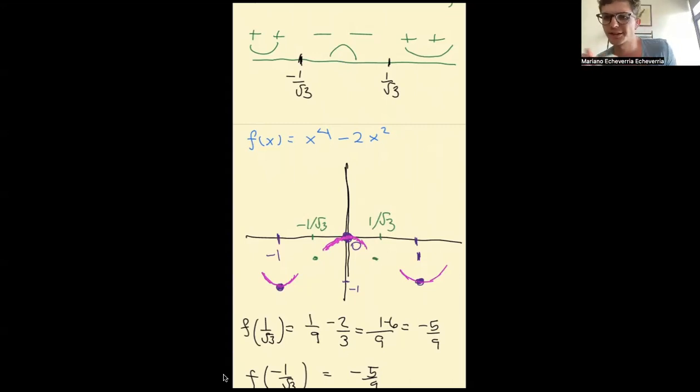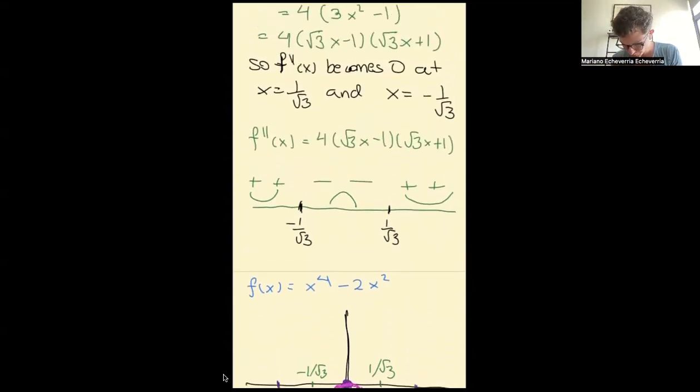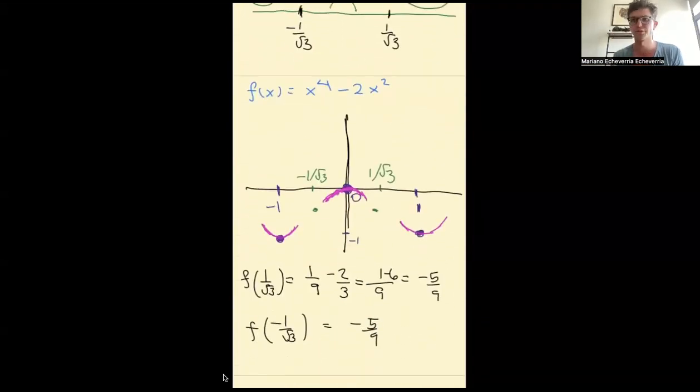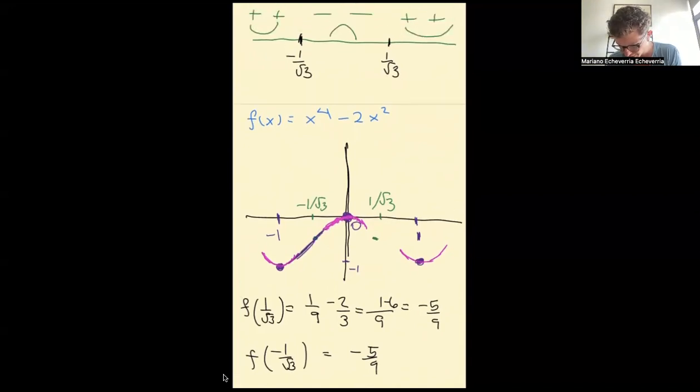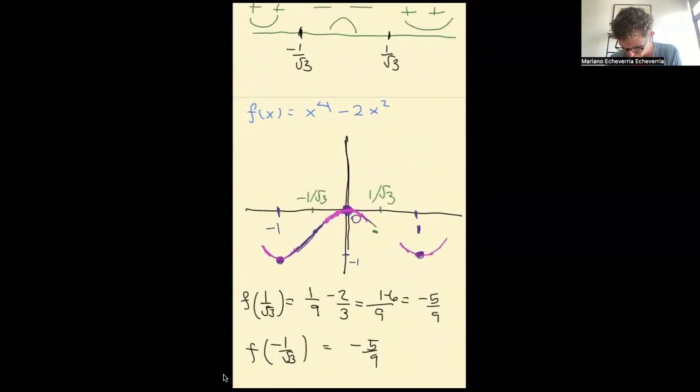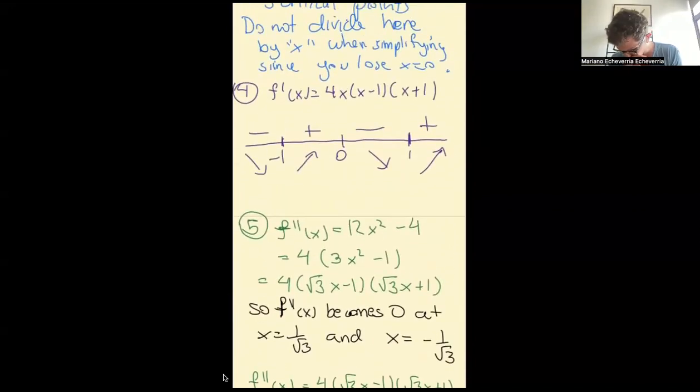So you copy mini parabolas near each point, and then you try to join them using the properties of increasing and decreasing. So for example, between -1 and 0, the function is supposed to be increasing. So you just join these two segments, these two mini parabolas. I mean, they're not really parabolas, but they look very similar to parabolas, so that's why I'm calling them parabolas. And between 0 and 1, the function is decreasing. If you look here, you join these two. And after 1, the function is increasing.